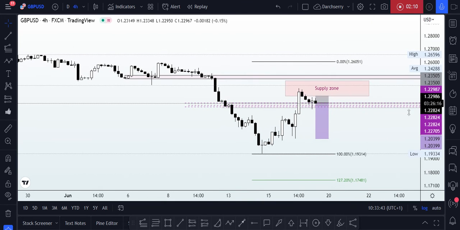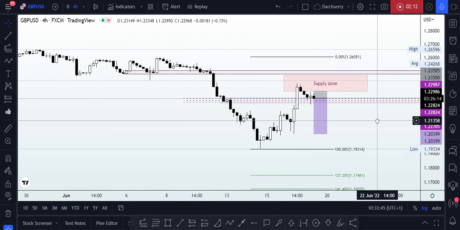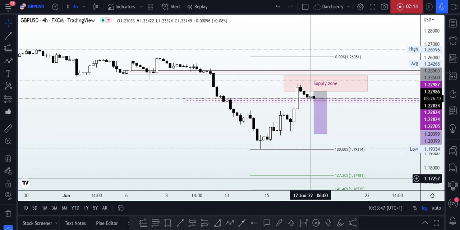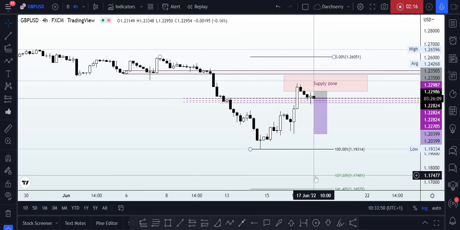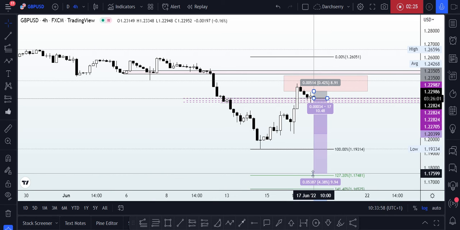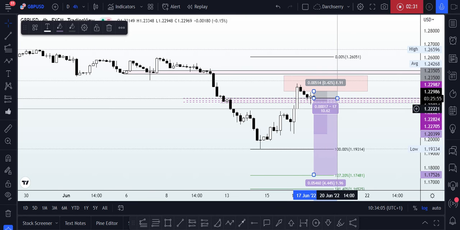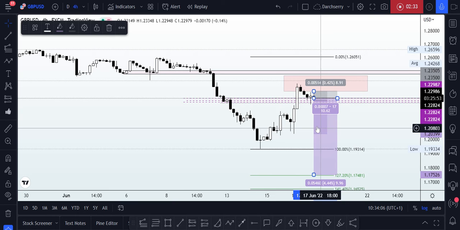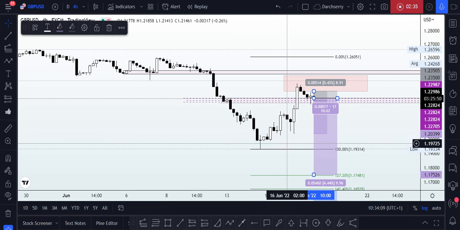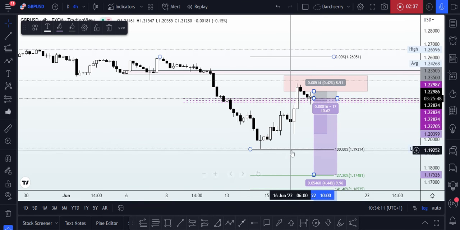If we extend the Fibonacci extension tool, then we will have 127.2% at around 1.75 area, which will definitely give us about around 500 pips. However, because we are already on the last day of the week, it is appropriate that we look for the nearest demand level as our take profit target.